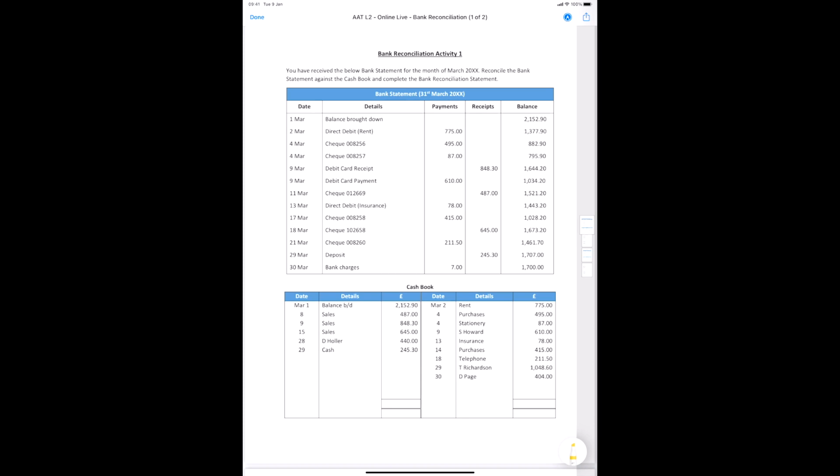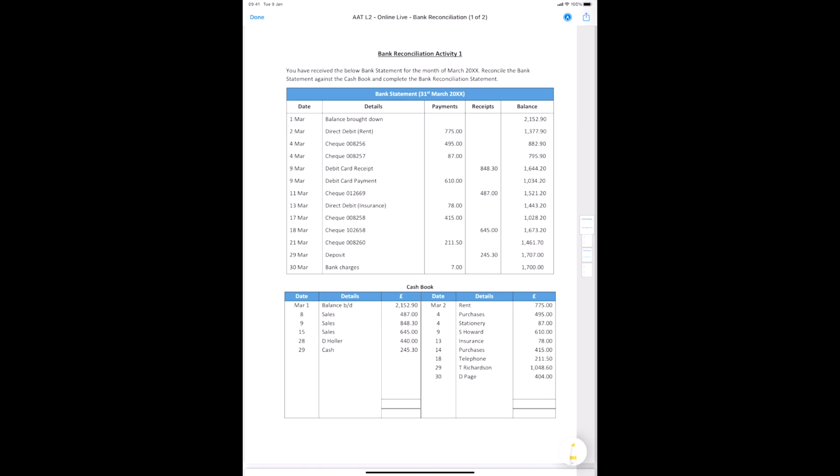The idea is that we compare the two documents together and hopefully everything should match up. So what we have as a business recorded within our cash book reflects what is actually happening within our bank account as well.